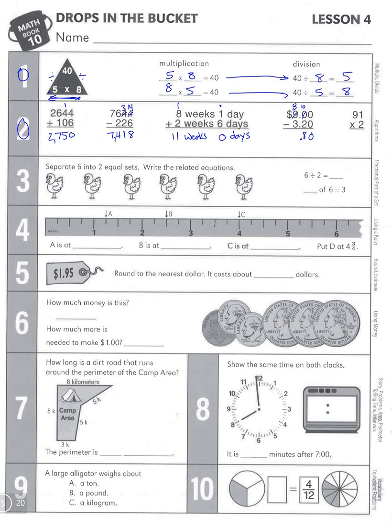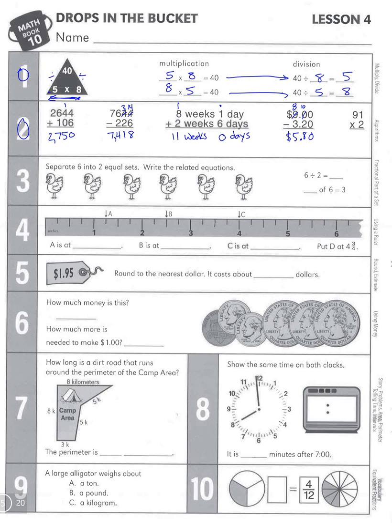Bring the decimal point straight down, and 8 take away 3 is 5. So $9 take away $3.20 is $5.80. For some reason, that's not looking correct to me. Oh, but it is. Okay, I'm going to believe it.